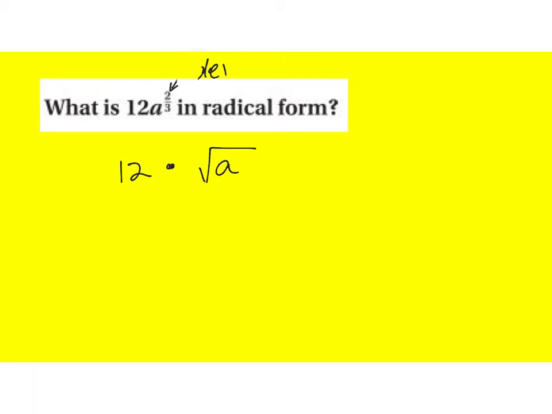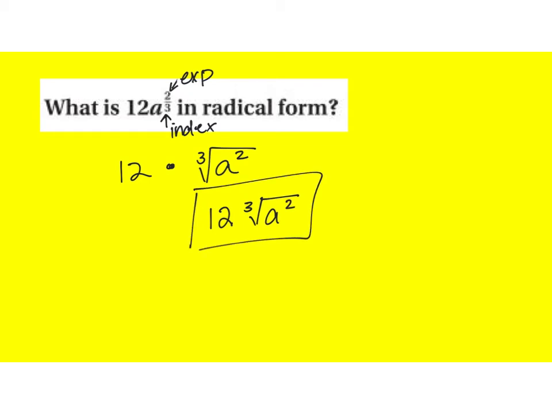The number down here is your index. So that index is going to go right here on your radical, and the a is being squared. So the way we would rewrite this would be 12 times the cube root of a squared.